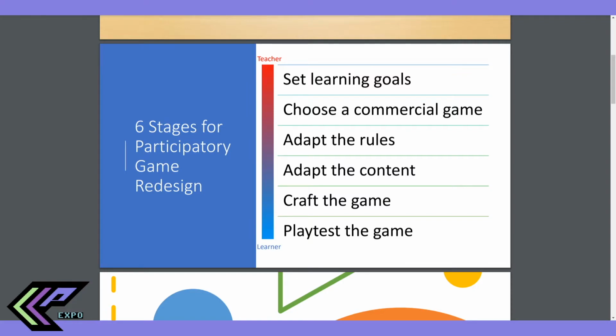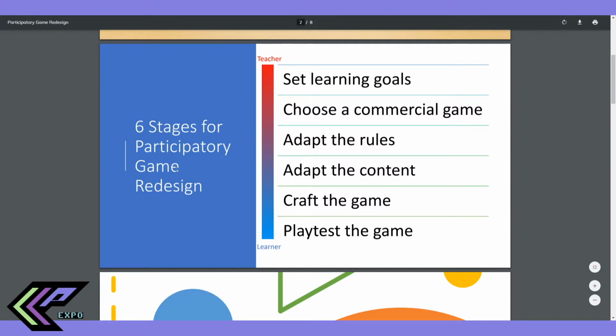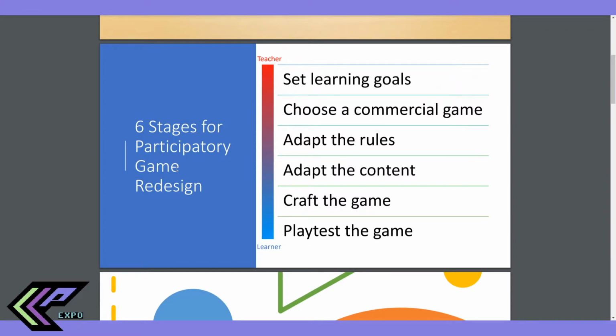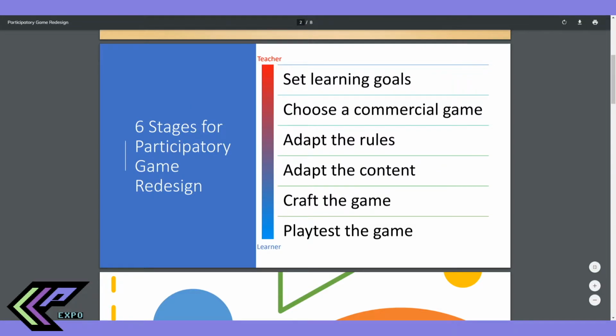As you can see on the second slide, there is a blue-red gradient. The teacher has all the decisions that have to do with finding a commercial game that could fit certain learning objectives and adapting the rules accordingly.